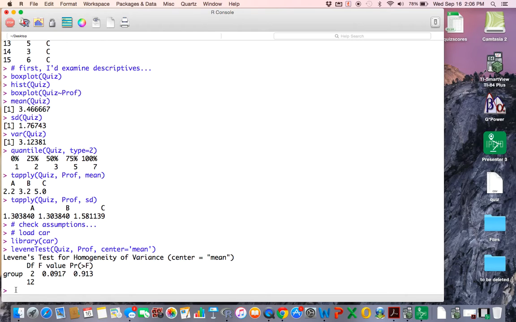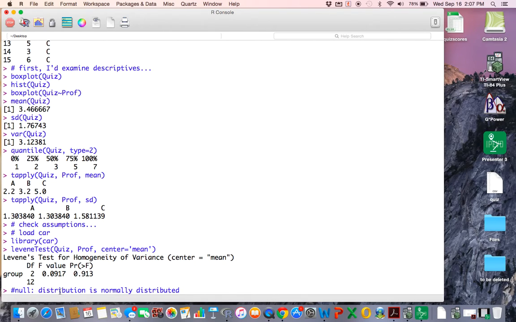So it's in the context of the null hypothesis. Well, guys, the null hypothesis here is that the distribution is normally distributed.